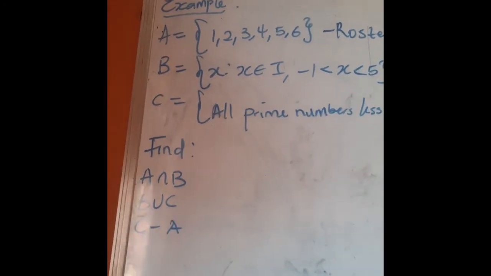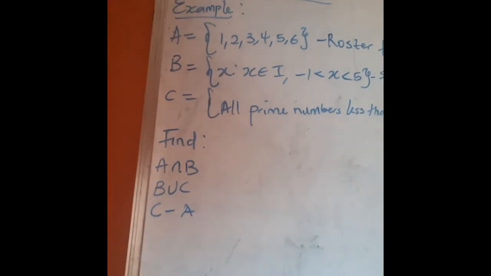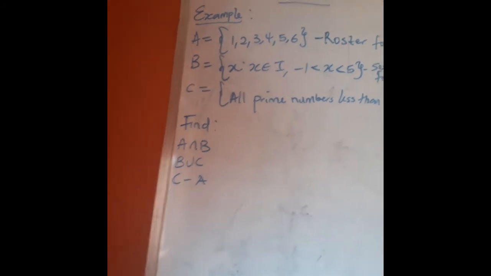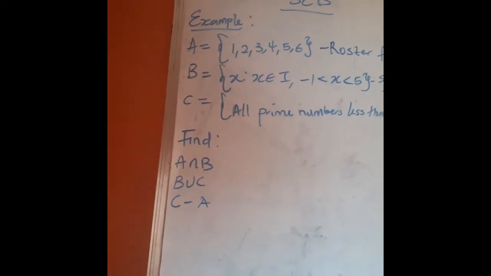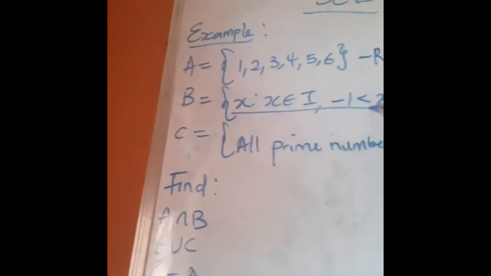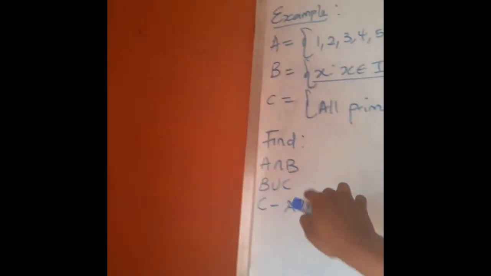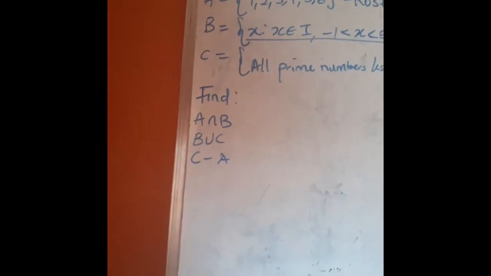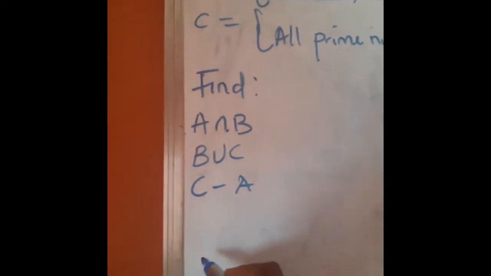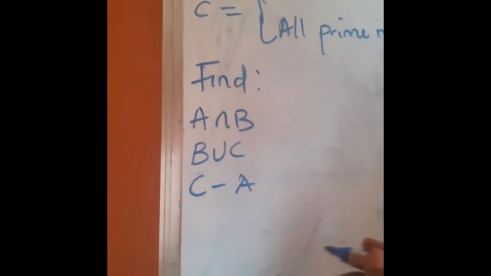So we are going to list out the answers to set B and C, because we have to know what these denote so that we'll be able to find what we are asked to find here. I'm going to write it briefly here, but I'm still going to erase it.